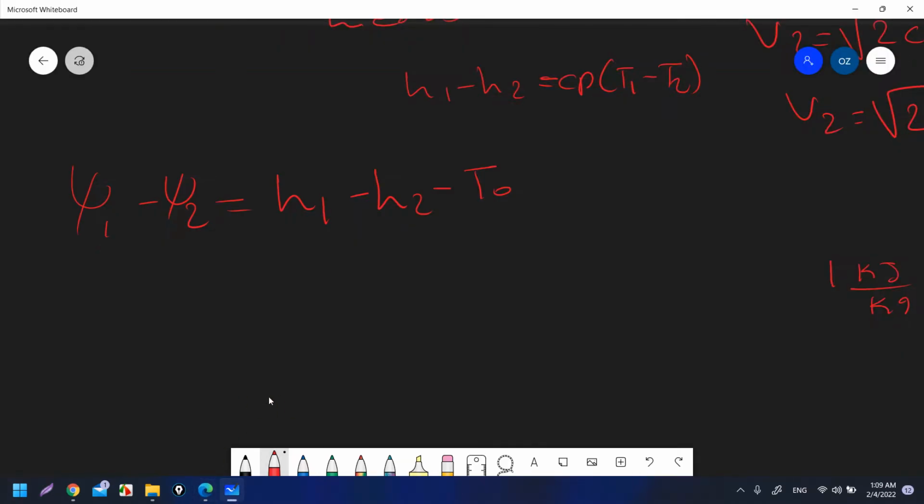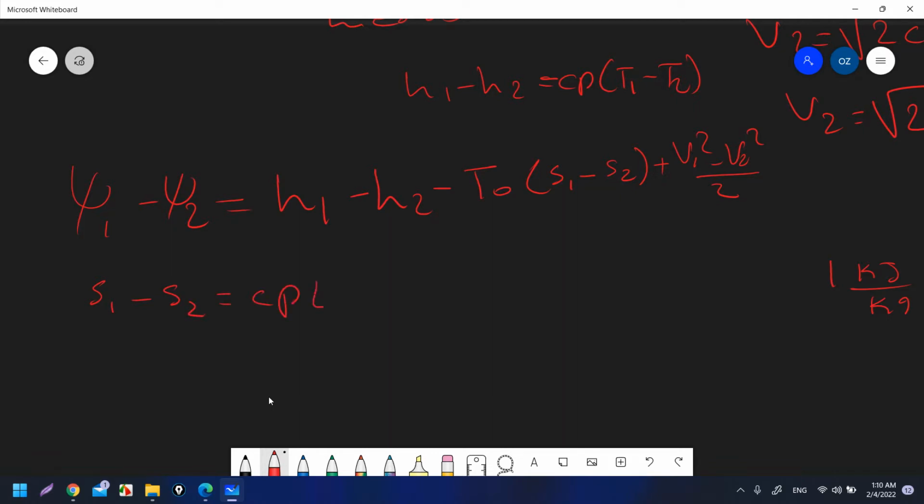Minus T naught S1 minus S2 plus V1 squared minus V2 squared over 2. H1 minus H2, we know it is Cp delta T. For S1 minus S2, we assume a constant specific heat, so we'll use the constant specific heat equation for S1 minus S2.